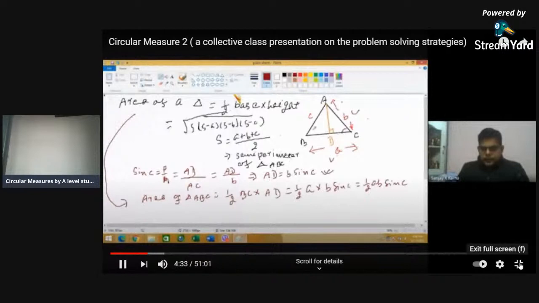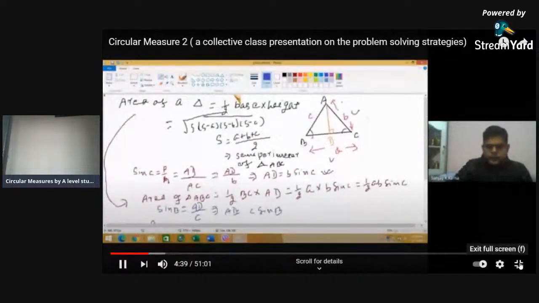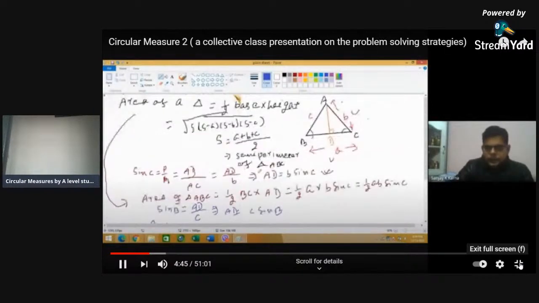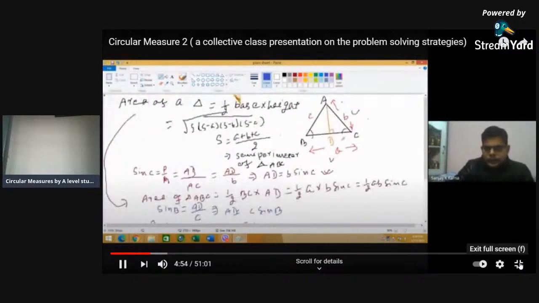Similarly, here you see that AD equals c sine B is given. So if you talk about sine B, for example, the area of triangle ABC is half times base BC times the perpendicular height, which is again AD. So it equals half times BC, whose side length is a again.